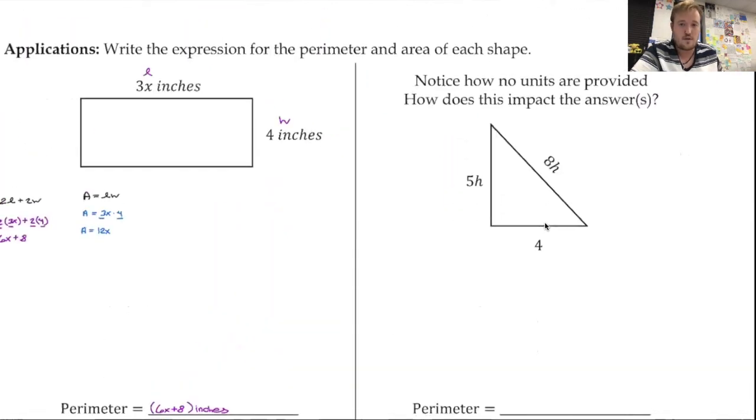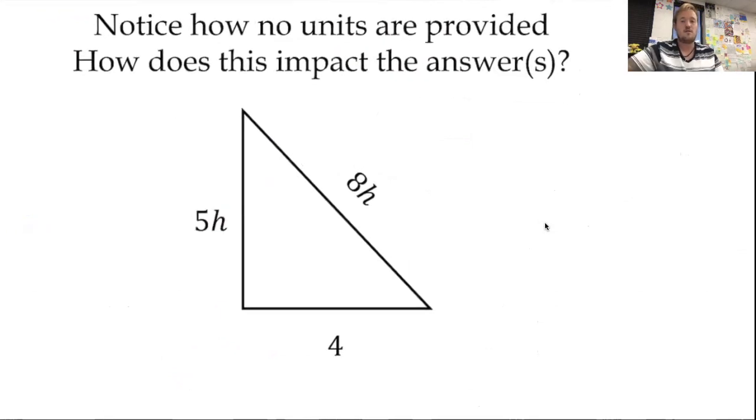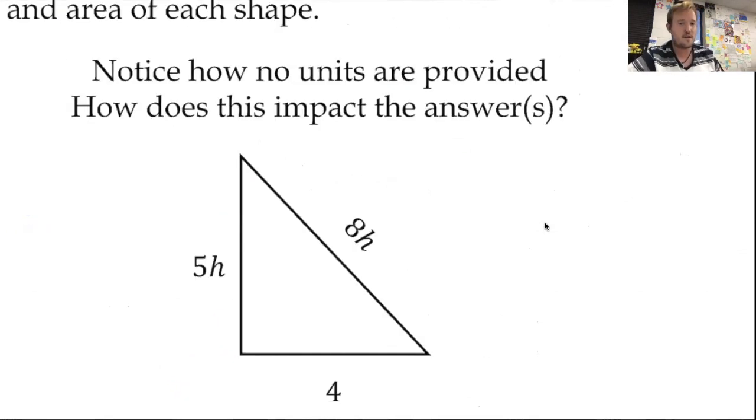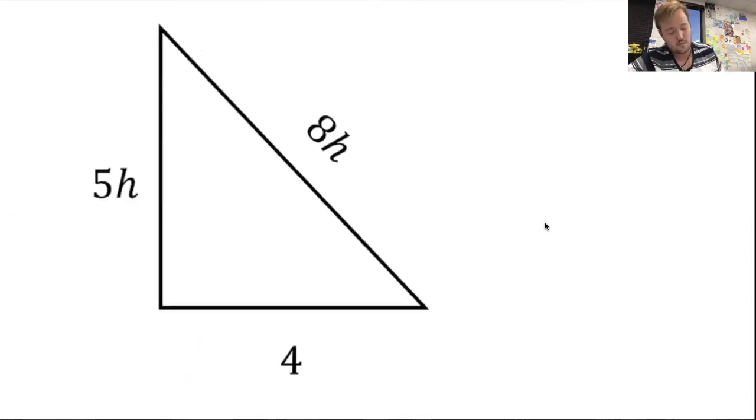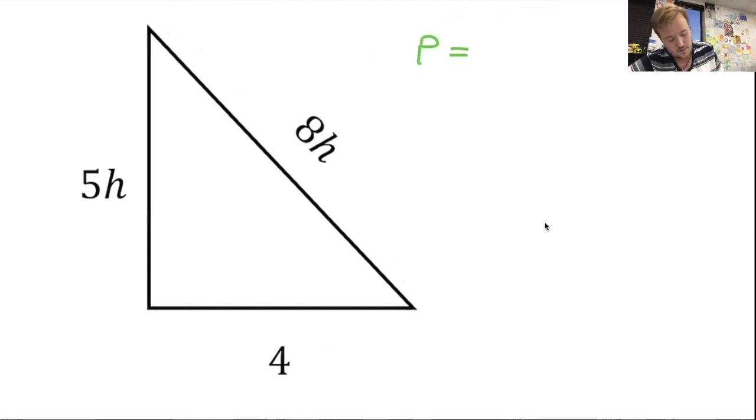So now let's look at the triangle over here. So notice how this one doesn't have any units. So that's going to change your answer a smidge. So we're going to do the perimeter first. So the perimeter for a triangle, you just add up all the sides. So I'm going to have 8h plus 5h plus 4.